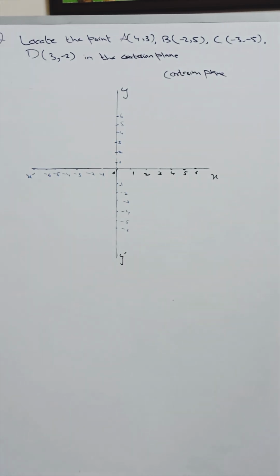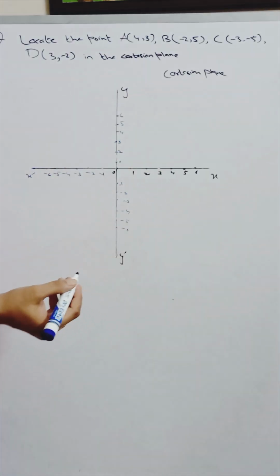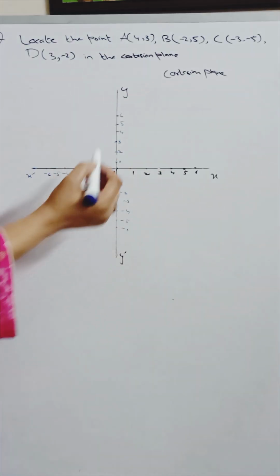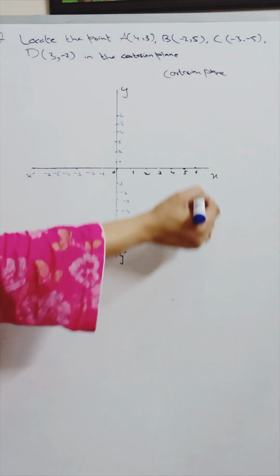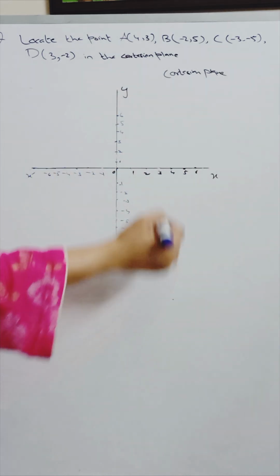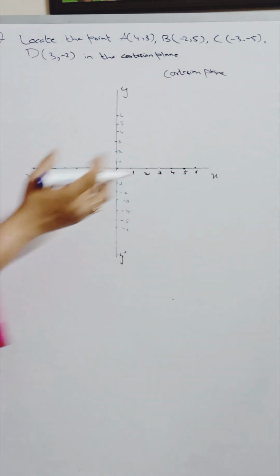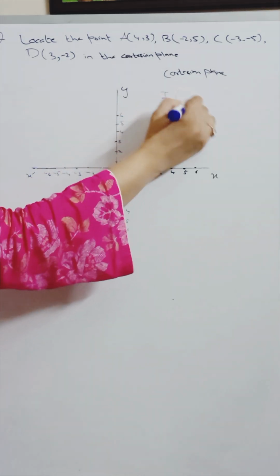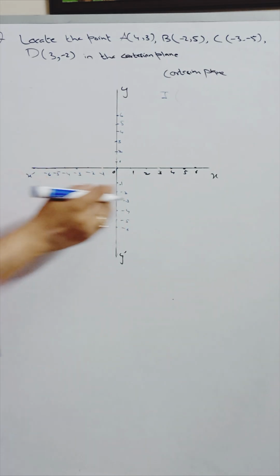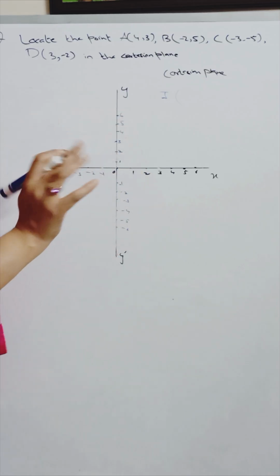The main point is the quadrants, which I told you about in my last lecture. Always remember we move anti-clockwise, starting from the right top and going to the downward side. The first region is the first quadrant, where x is positive and y is also positive.